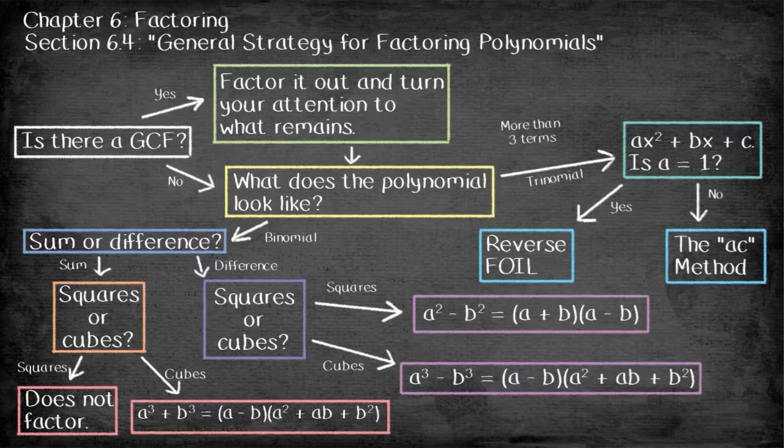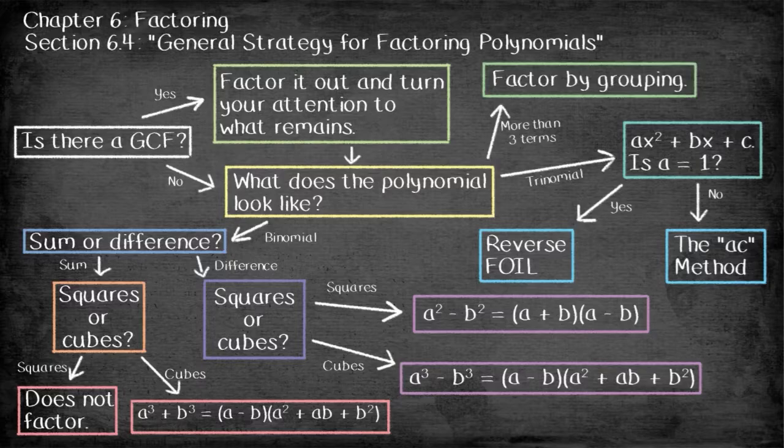The AC method is a generalization of reversing FOIL. That covers the trinomials. If you can't factor based on these 2 methods, there are other ways of factoring these expressions that we'll get to later on.